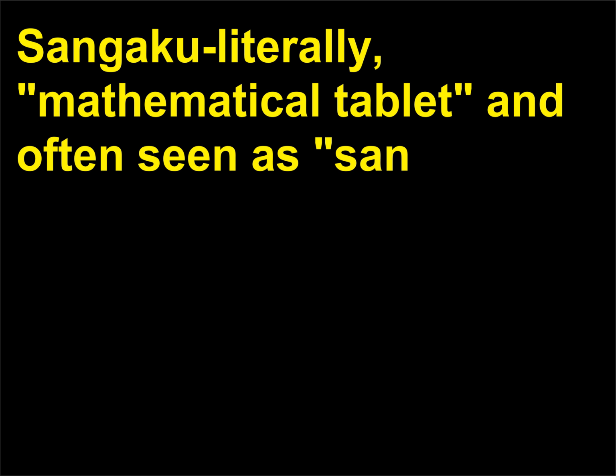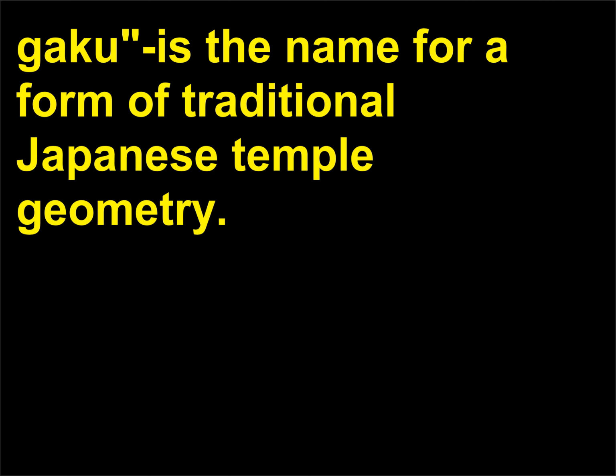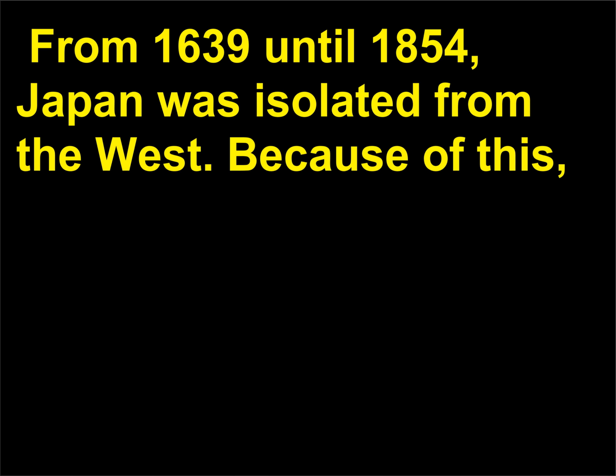What is Sangaku? Sangaku, literally mathematical tablet, and often seen as san gaku, is the name for a form of traditional Japanese temple geometry. From 1639 until 1854, Japan was isolated from the West.